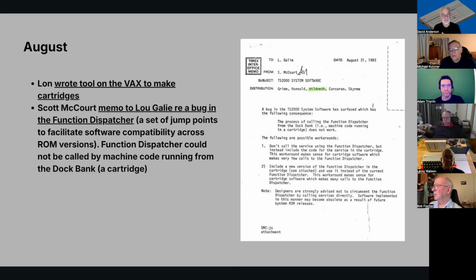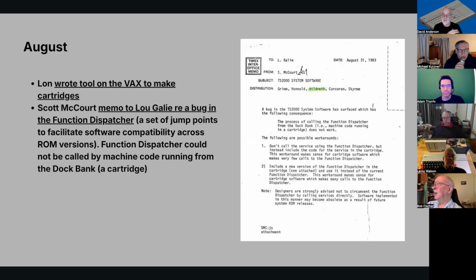And it was basically a jump table in RAM, with entry points to various ROM routines. The whole point of this function dispatcher was that you could write software against the function dispatcher functions, and know that the addresses in the function dispatcher were always going to be good, right? They might move stuff around in the ROM, but the function dispatcher was always going to be good.